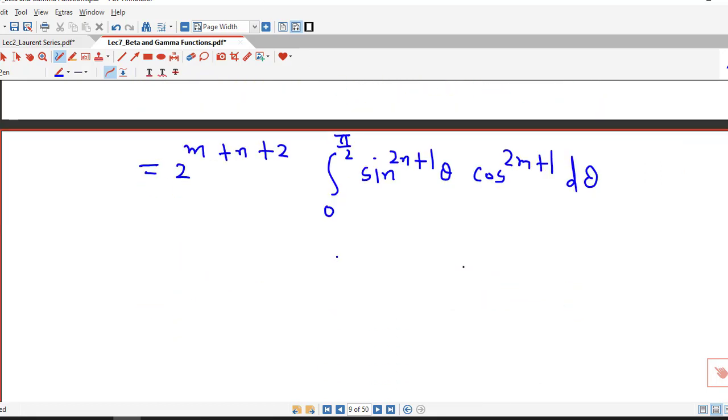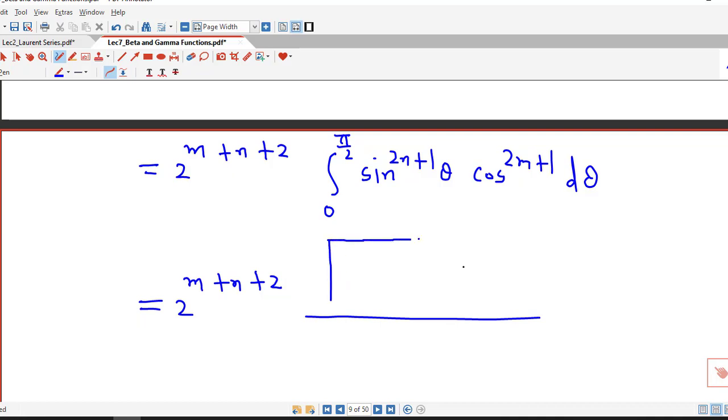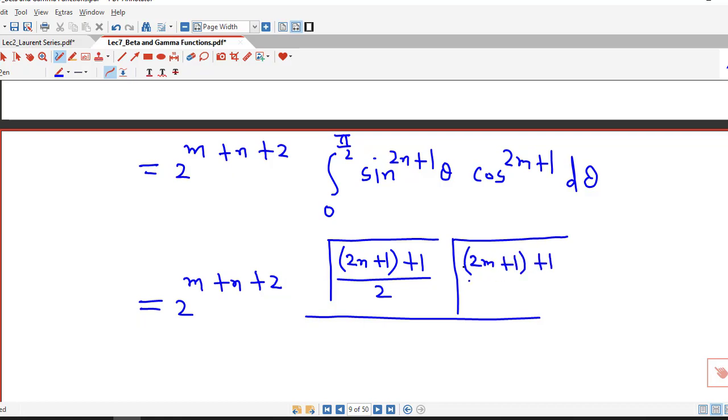So now we are able to use that standard formula. If the integral contains powers of sine and cosine, and if the limits of the integral are 0 to pi by 2, then as we know, here we have to consider gamma function of (power of sine plus 1) divided by 2, and gamma function of (power of cosine plus 1) divided by 2.